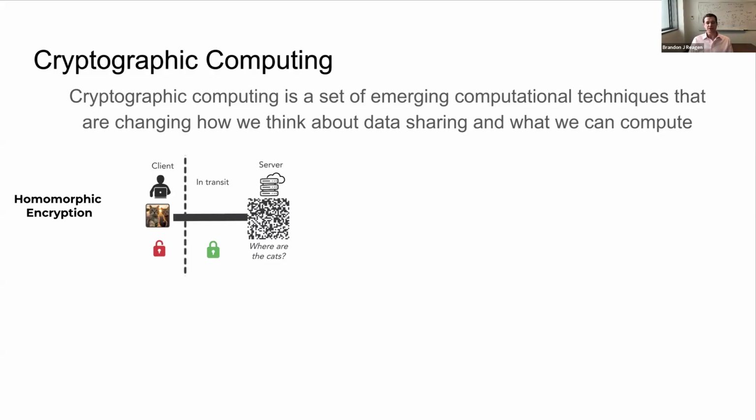In homomorphic encryption, it starts off just like regular encryption, where you take your data, you encrypt it, and you send it out to the cloud. But in traditional encryption, you only get protections over the network. As soon as you get to the cloud, you have to decrypt it to do your actual computation. With homomorphic encryption, the way that the data is encrypted leaves the underlying data malleable.